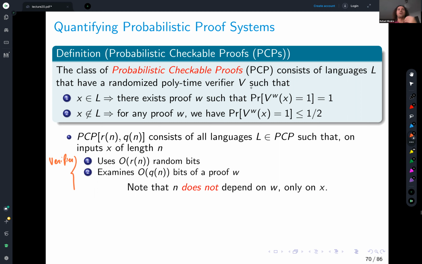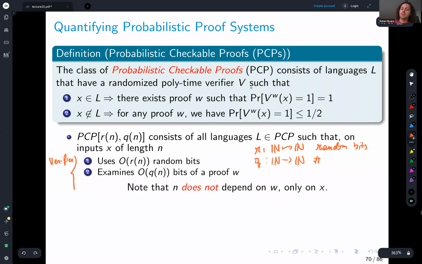R(n) and Q(n) are functions from the natural numbers to the natural numbers. You should think of R(n) as the random bits that the verifier would use, and Q(n) as the number of queries to the proof.